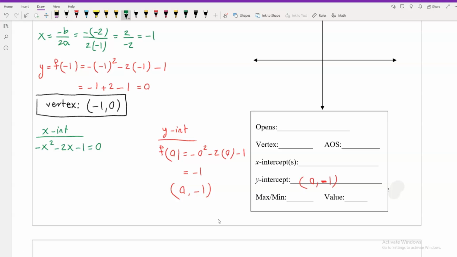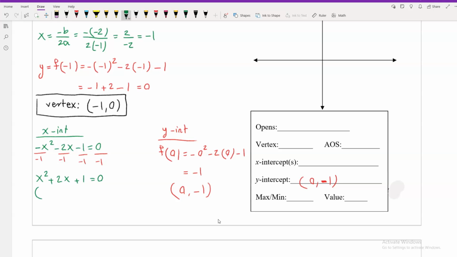And then the x-intercept, f of x equal to 0. So what we have for f of x is negative x squared minus 2x minus 1. So that is equal to 0. And then divide by negative 1. So divide by the coefficient of x squared. Here we have x squared plus 2x plus 1 equal to 0.